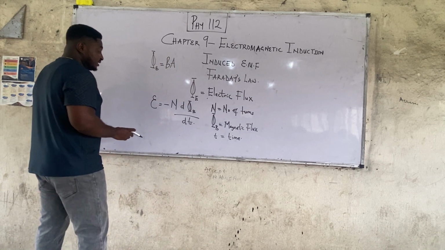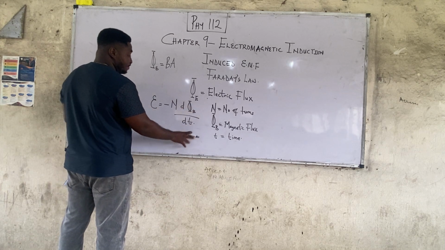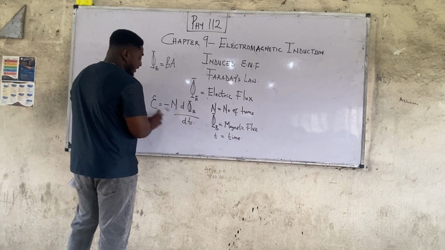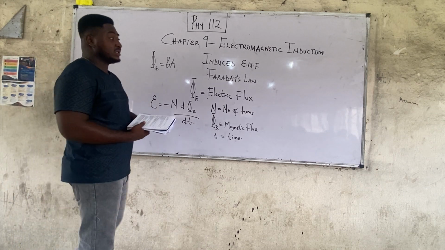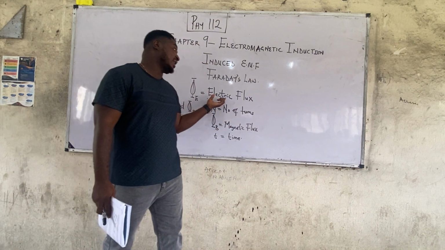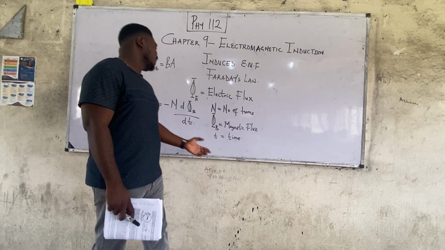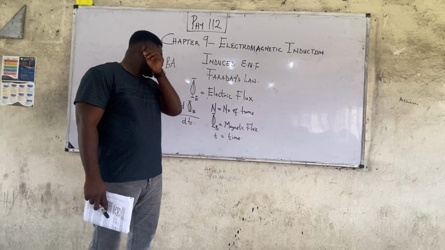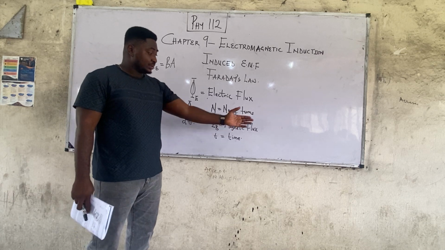So what this means is that if we get the ratio of the change in magnetic flux to the change in time, we can get the induced EMF. Just like electric flux talks about the rate at which the electric field lines flow in a region of space, the same thing applies for magnetic flux, talking about the magnetic field lines, also known as magnetic lines of induction.